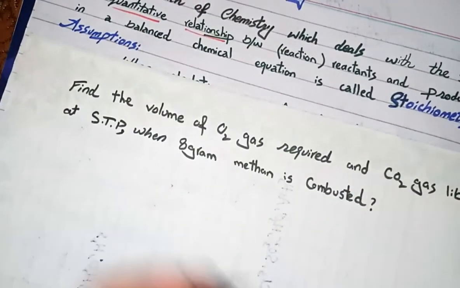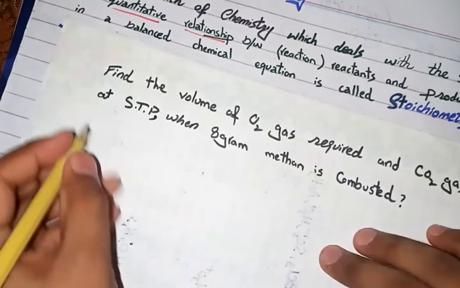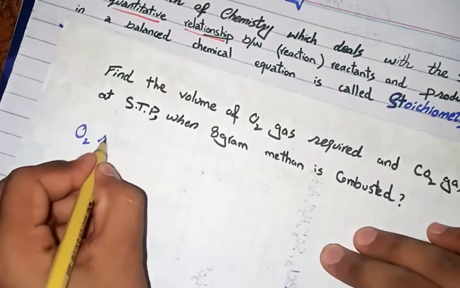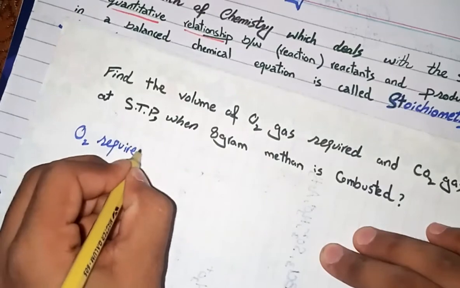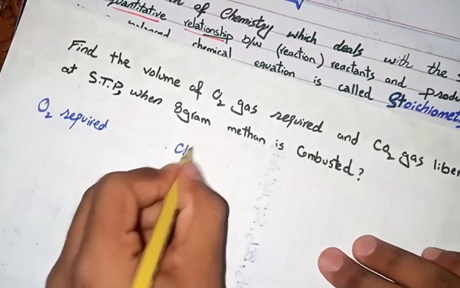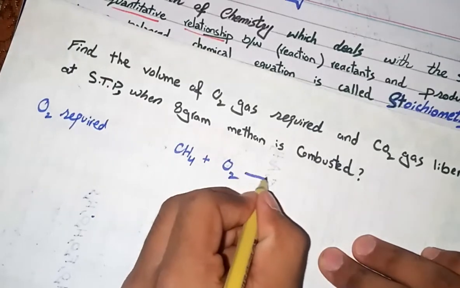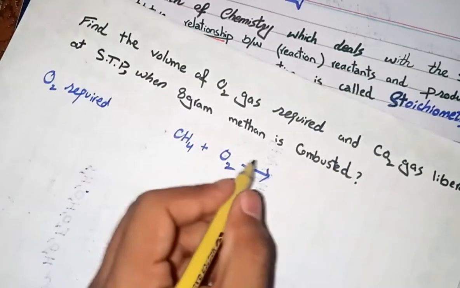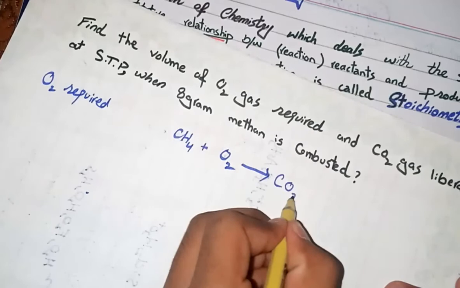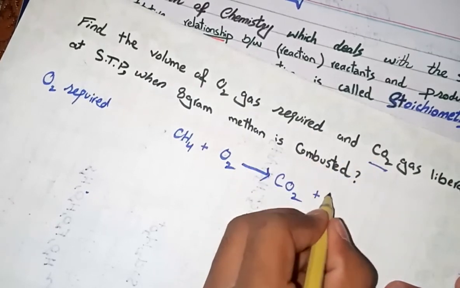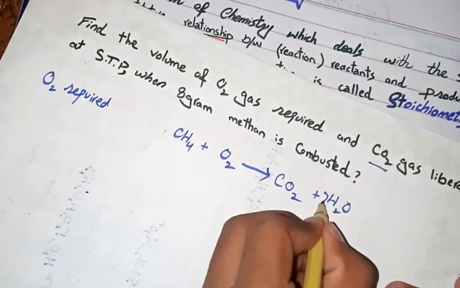Now we write its equation. Oxygen required: CH4 plus oxygen gives CO2 plus H2O.